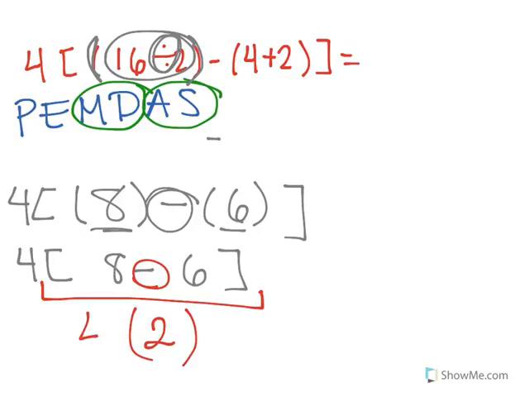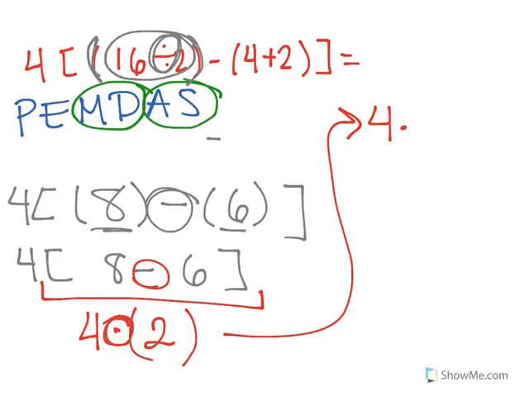And so we have 4 and 2. Whenever you have a number and then something inside a parenthesis without any operation right here in the middle, you should know that it's a multiplication. So this actually translates to 4 times 2, which is equal to 8.